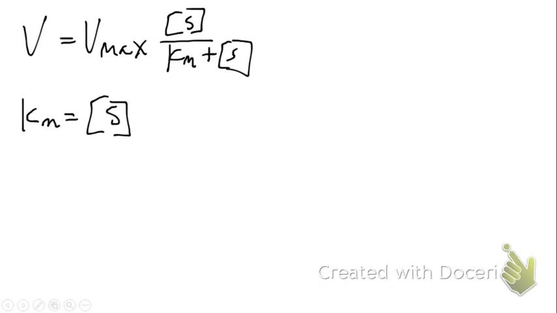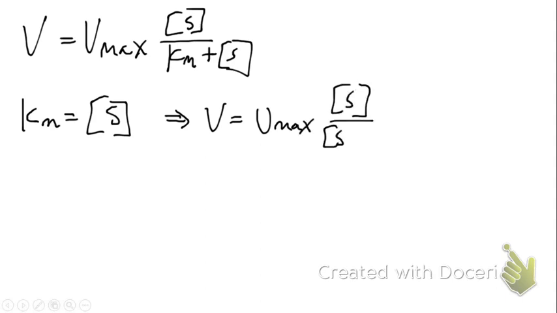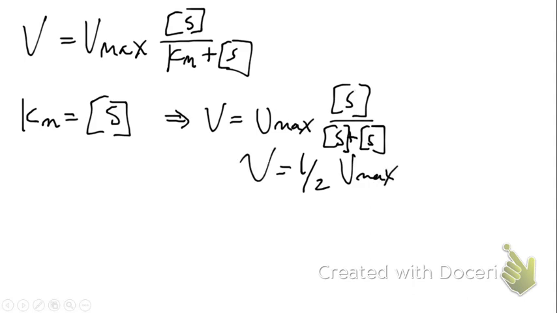And so what we can do is Km is equal to S. Therefore, velocity is equal to Vmax S over S plus S. So this is 1/2 Vmax, the velocity, right? So when Km is equal to S, the velocity is about 1/2 of the Vmax. And if you were to draw out the Michaelis-Menten equation, that is what we see there at the Km.